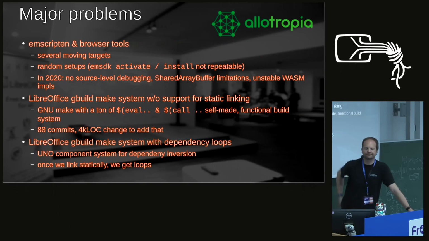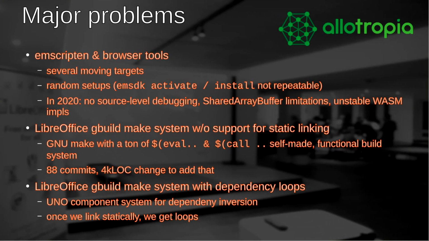So what problems did we hit? Emscripten and browser tools. That was the most disastrous. No, that was one of the two disaster areas. As it turns out, when we started in 2020, many things didn't really work so well. There was no source level debugging.